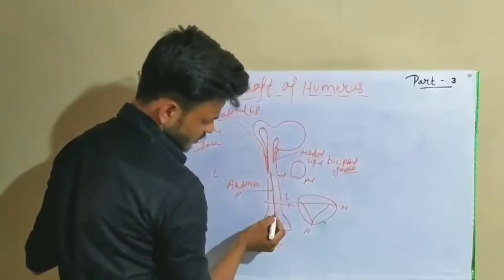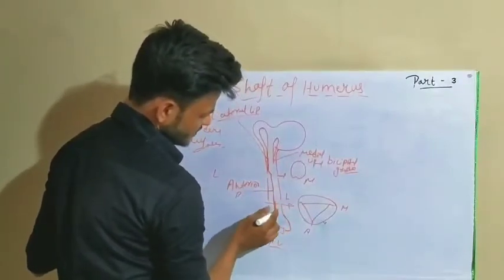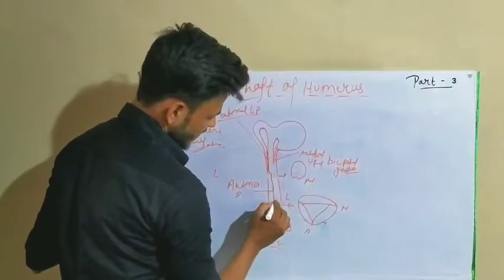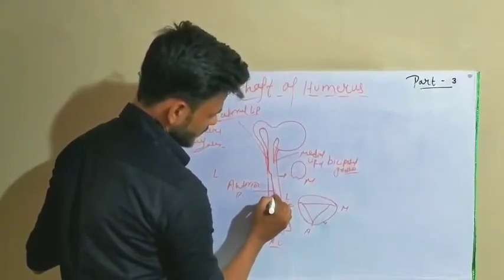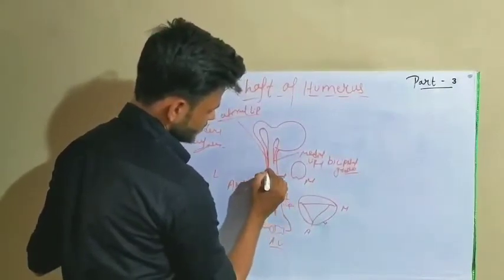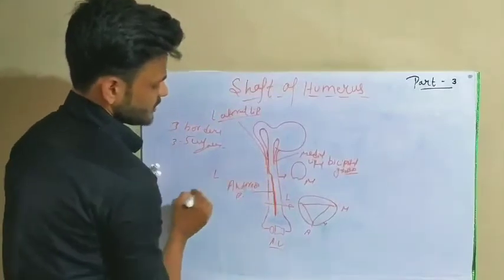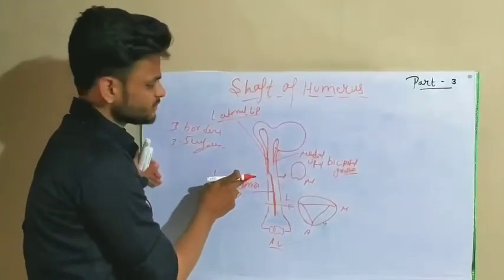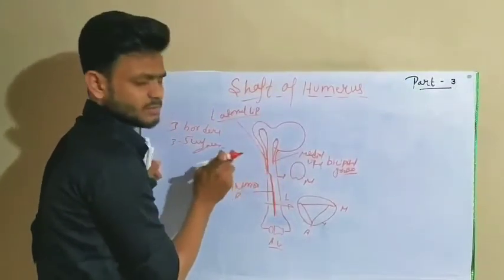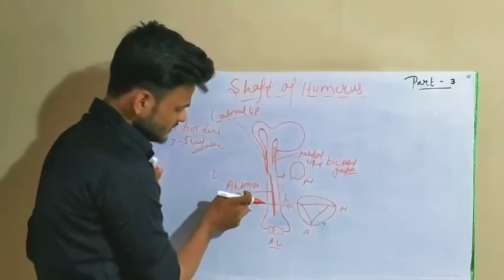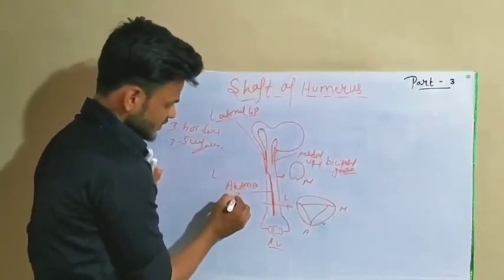It extends from the lower end of the humerus, along the anterior surface, and moves upward and merges with the lateral lip of the bicipital groove. This border is our anterior border.